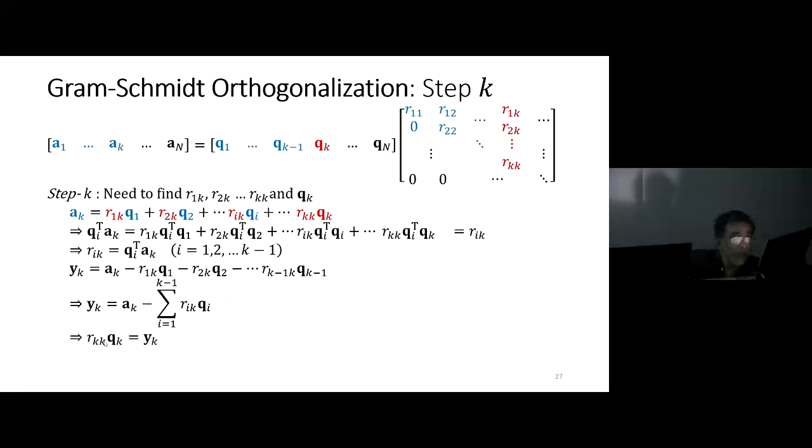I obtain Yk, and then how do I get Rkk and Qk? Qk being a unit vector, all I have to do is Yk divided by the L2 norm of Yk, right? And Rkk is the length of Yk, the L2 norm of Yk. So Rkk is the L2 norm of Yk, and Qk is Yk over Rkk.